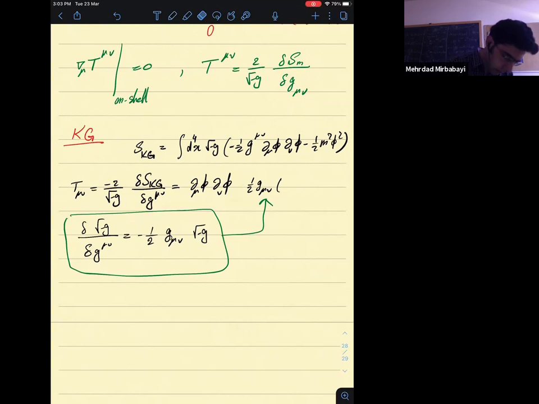Okay, so it becomes minus. So I have g alpha beta d alpha phi d beta phi plus m squared phi squared.